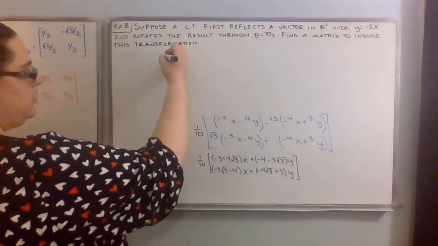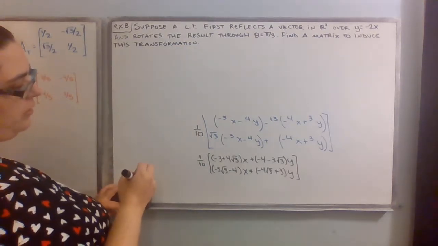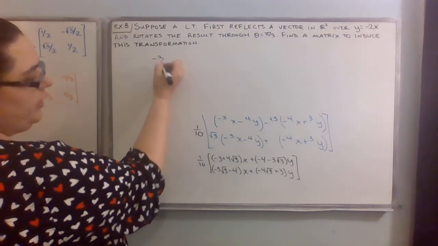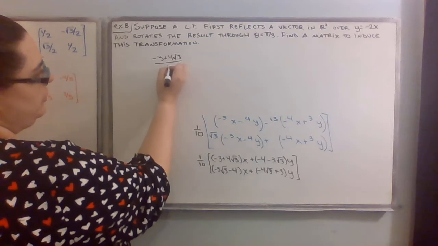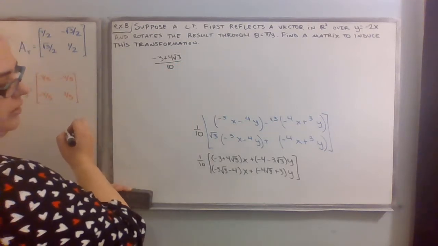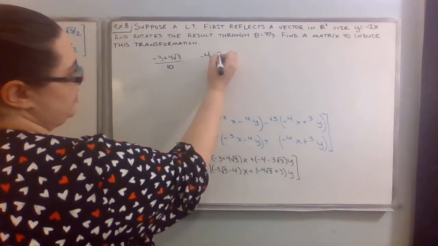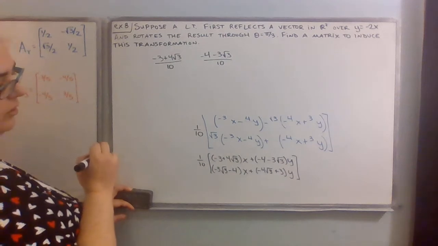Let's put all the radical pieces second. So I'll have negative 3 plus 4 root 3 all over 10 for the first coordinate, and then negative 4 minus 3 root 3 all over 10 for the second coordinate.